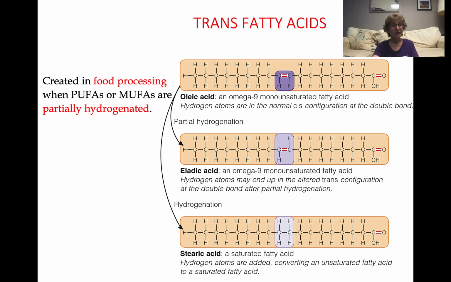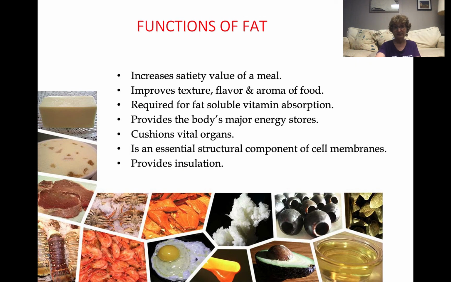But if only a few are removed and there are still some remaining, it changes the chemical structure of that fatty acid to what's called a trans fatty acid. And trans fatty acids can affect your health as much as saturated fatty acids, meaning that they can raise blood cholesterol levels. And we'll talk more about trans fatty acids in Module 3.